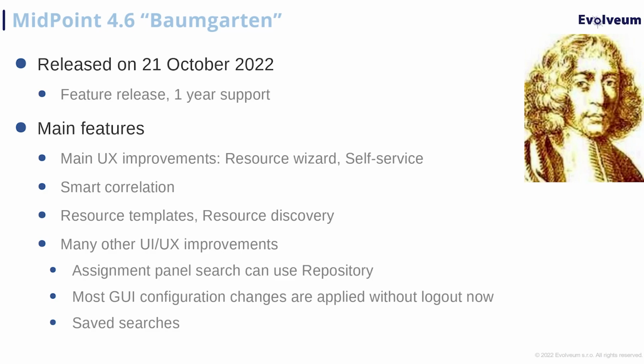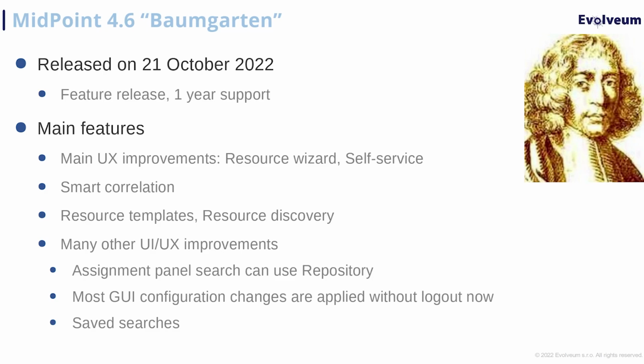Then correlation was overhauled, and we now call it smart correlation, which is another improvement on the 4.5 work and also on the whole history of correlation in MidPoint. Resource templates were added.